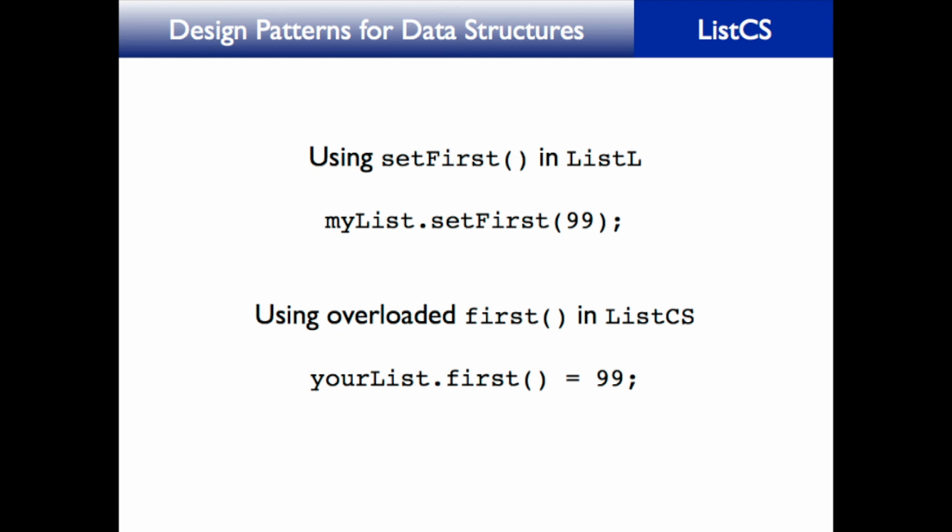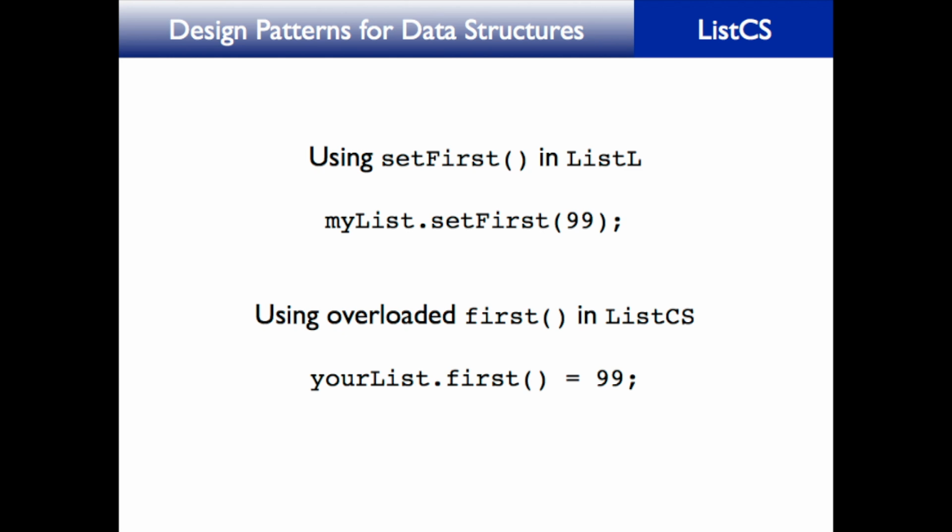The way we use setFirst is if we have a mylist, which is a list L, and we say mylist.setFirst(99), then the purpose of setFirst is to set the data of the first node in the list to 99. But in list CS, we do not have a setFirst method.